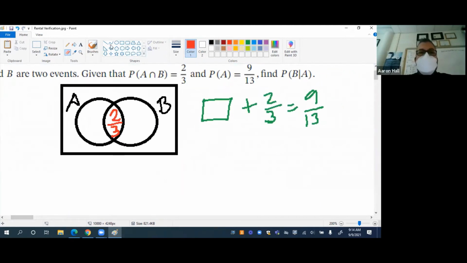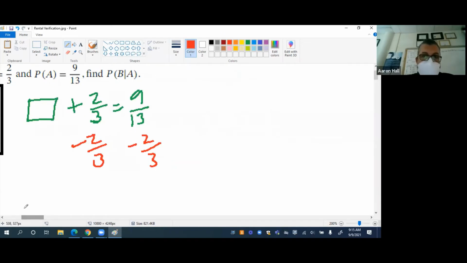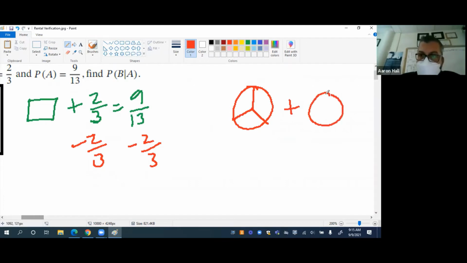What's the rule when we subtract fractions? Don't we have to have a common denominator? When we subtract fractions, we have to have a common denominator, right? Let's make sure we understand fractions.